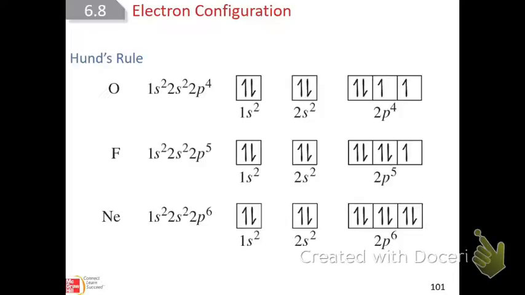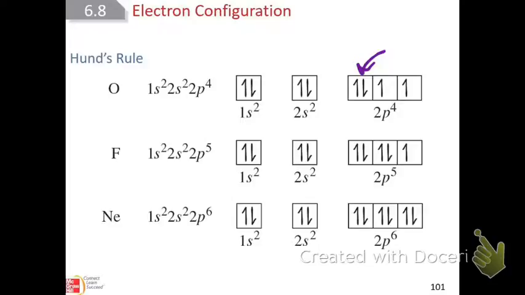This last two p's here have now doubled up because all of them have one electron in the orbital. So now they're going to have to start doubling up. Okay? And so that's how you would go about it.